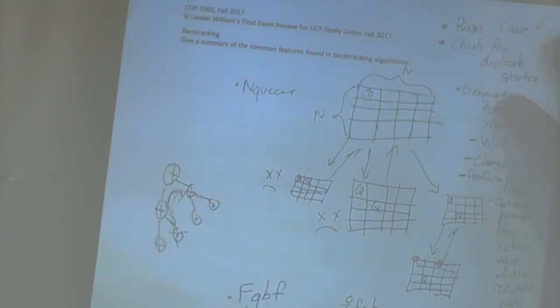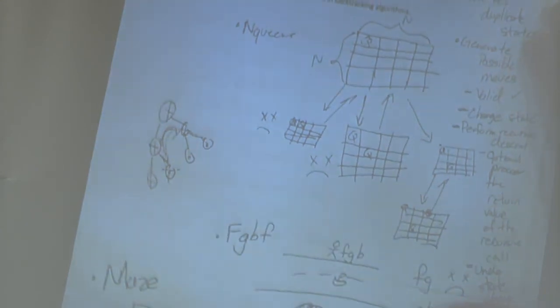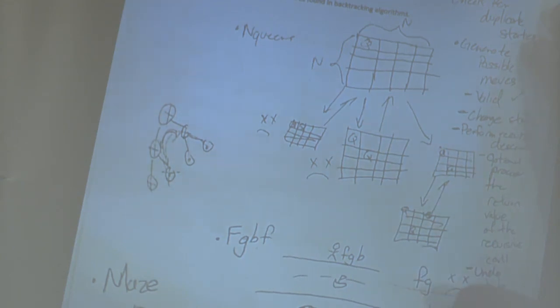Okay. Then we talked about backtracking, how it's used in the queens problem, the maze, and the farmer, the fox, the bag of beans, and the goose. Okay, we talked about the anatomy of a backtracking algorithm, where we need to have our base case.